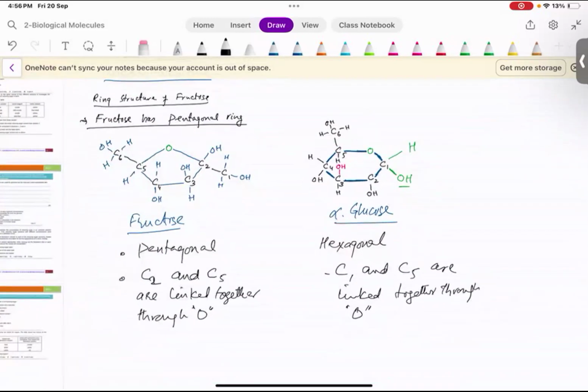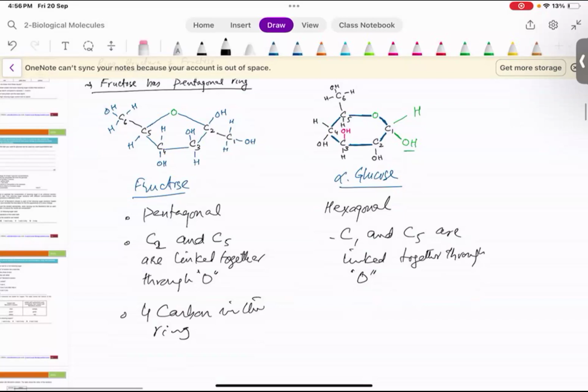So there are 4 carbon in the ring and 2 carbon out of the ring.